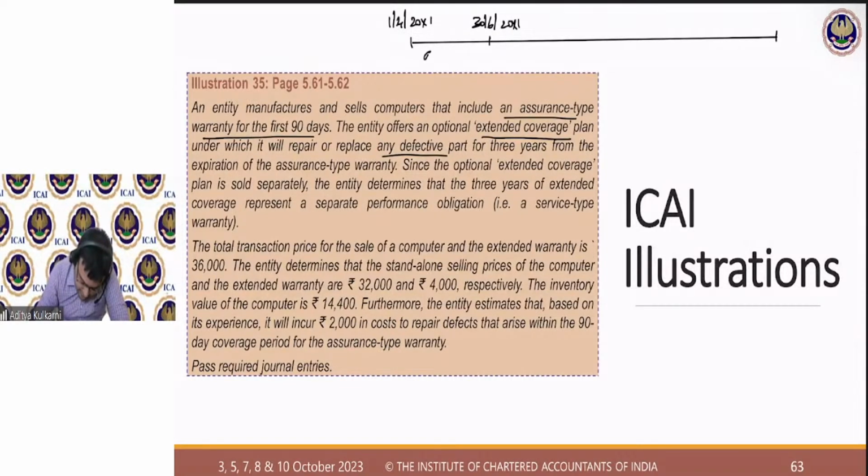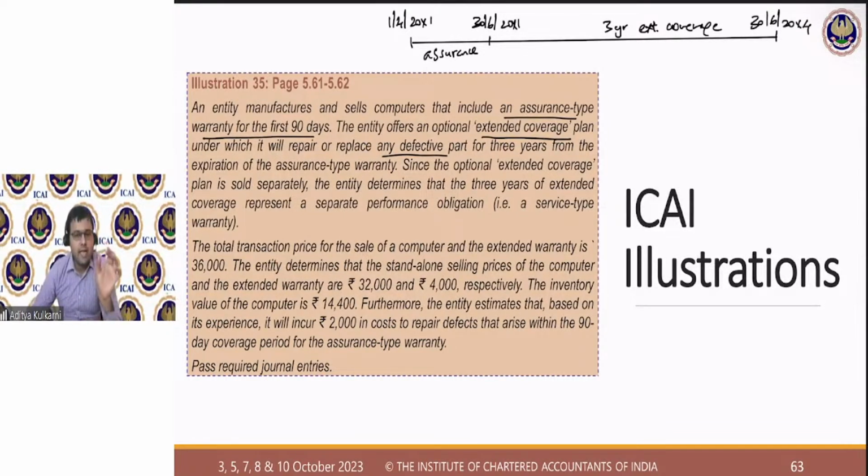So this is an assurance type of warranty. And from 30th June, you are giving a 3-year extended coverage. So this goes on till 30th June X1, X2, X2, X3, X3, X4.